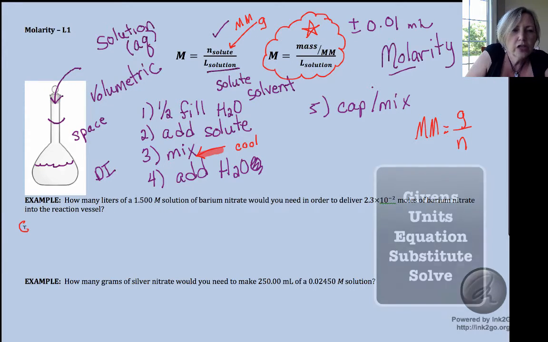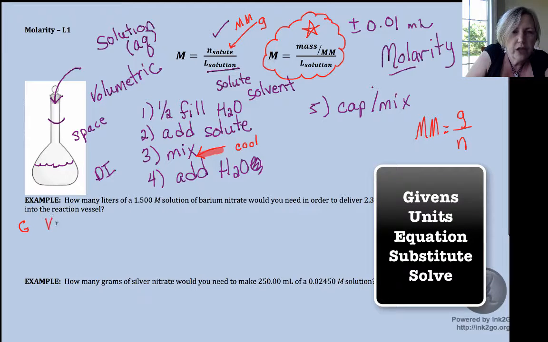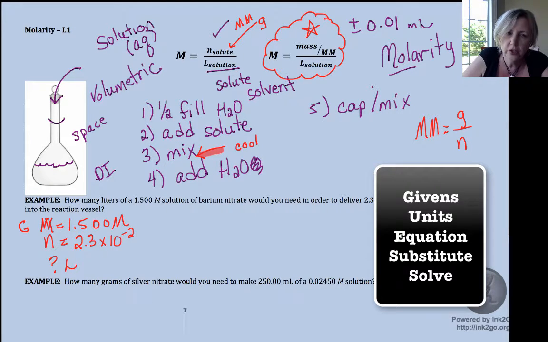Our givens are a molarity equal to 1.500 molar solution, moles equal to 2.3 times 10 to the minus 2, and the question is how many liters. What is our volume? Remember, you want to next check your units, and my units are okay there.